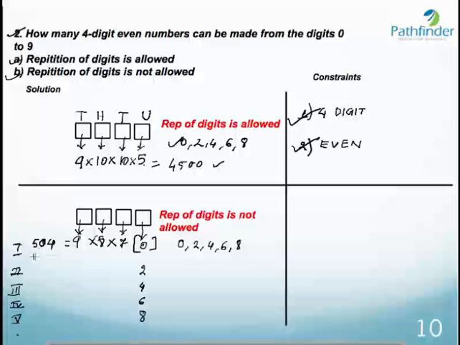Now what happens when at the units place we have a 2? Now when we have a 2 at the units place, for the thousandth place we still have 9 digits, but one of those 9 digits is a 0, and therefore the number of digits available to fill the thousandth place will only be 8.